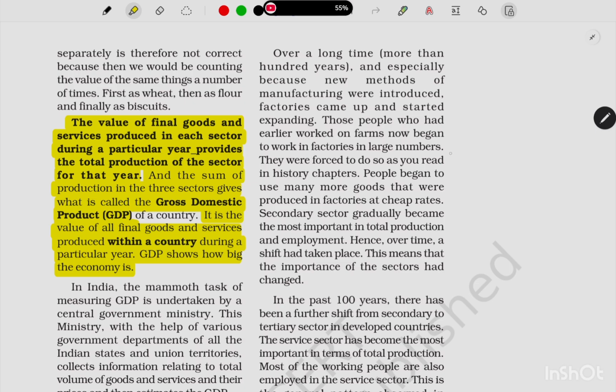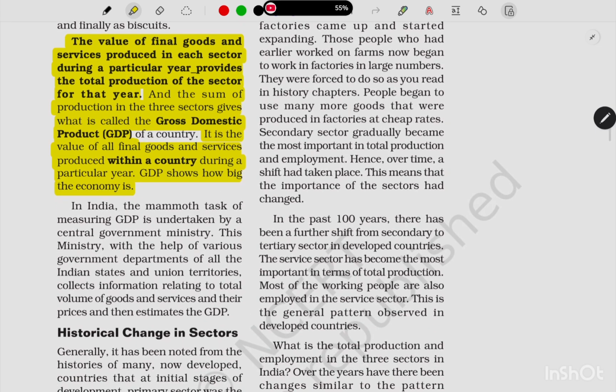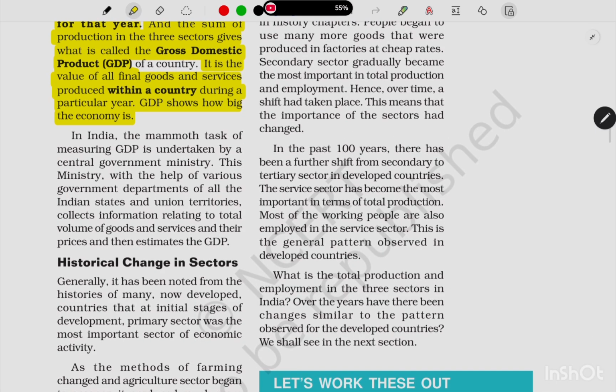Now people began to use many more goods that were produced in factories at cheap rates. The secondary sector gradually became the most important in total production and employment. Hence, over time, a shift had taken place. This means that the importance of the sectors had changed.